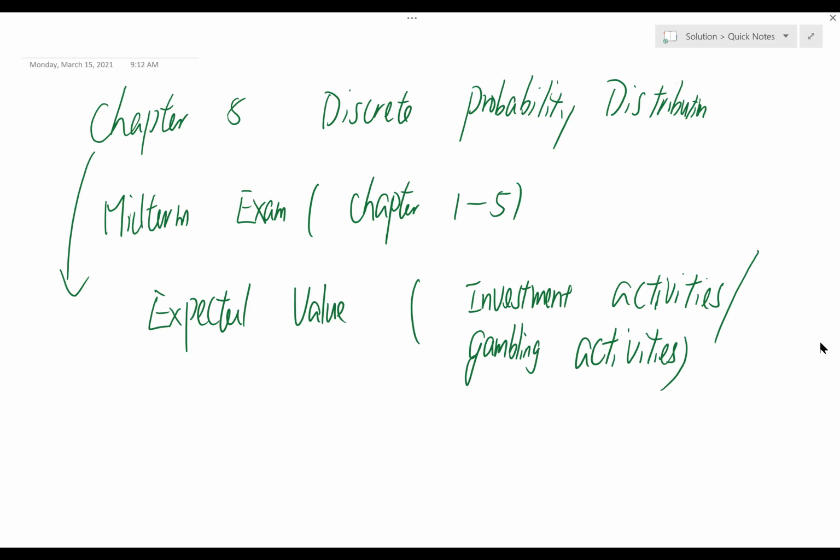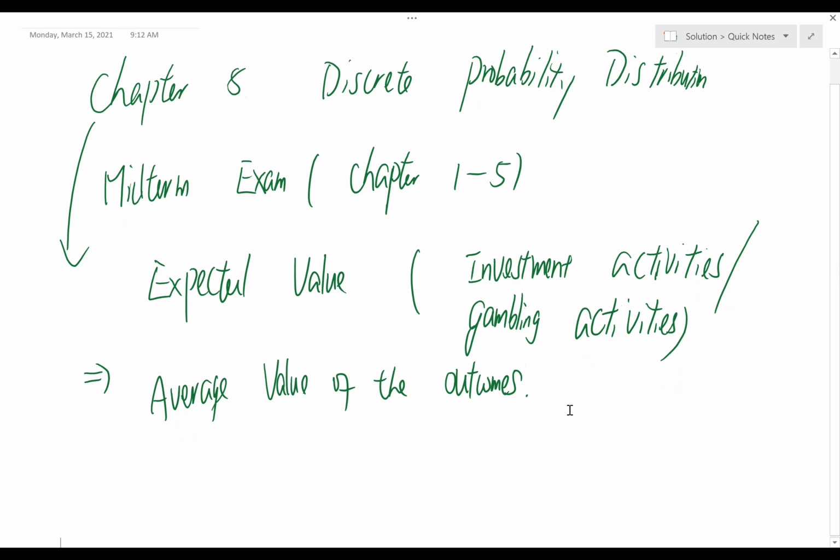Expected value basically represents the average value of the outcomes. So expected value is the average value of all the outcomes. It's sort of like a weighted average, but the weight here is probability. So we look at probability in terms of weight.